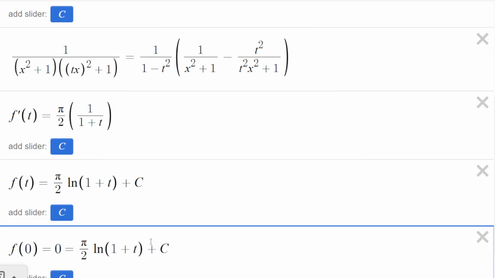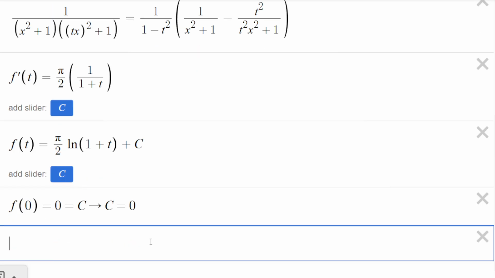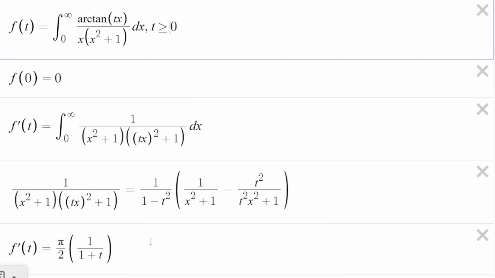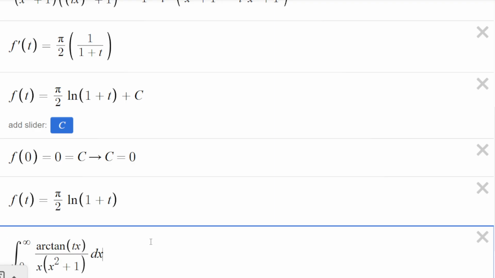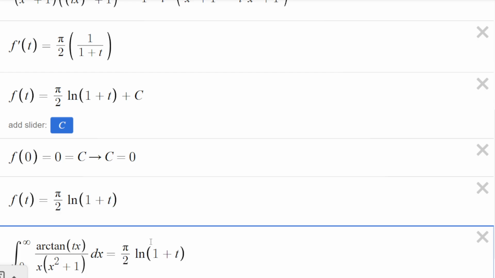So we just have natural log 1, which is 0, making this whole thing go away. So that implies that c is equal to 0, and therefore f of t is equal to this, which means finally that this is true for t greater than or equal to 0.